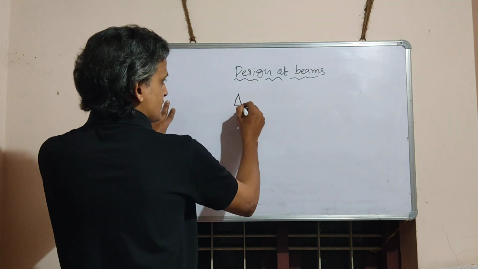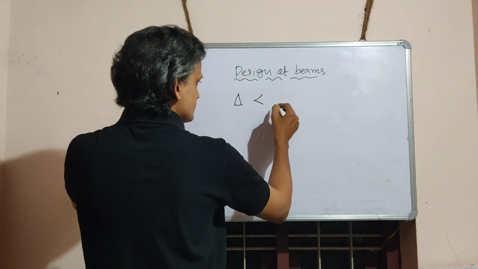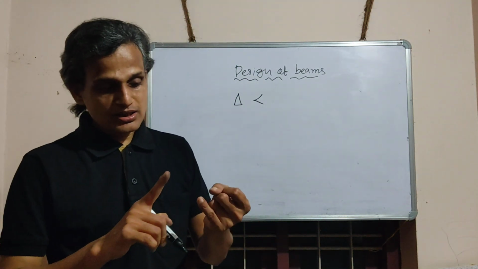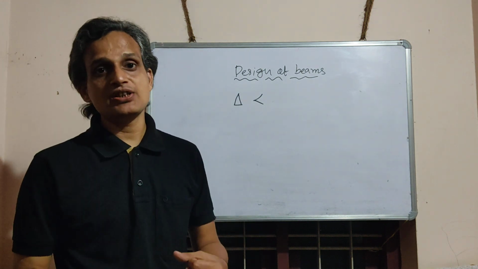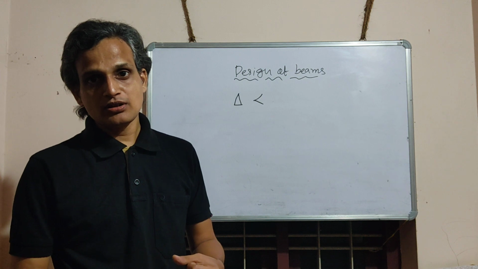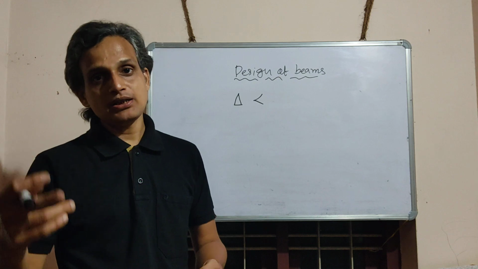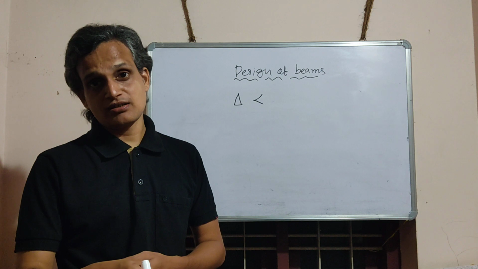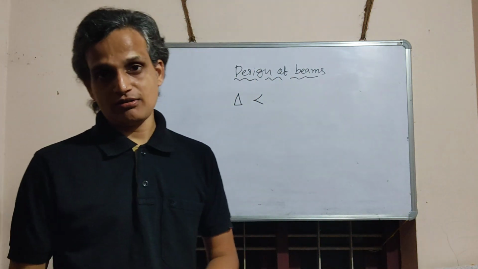The actual deflection, say delta, should be less than the allowable value. The allowable value depends upon the type of beam and the type of structure which it is supporting. For a simply supported beam, the value may be L by 300. For a cantilever, that value will be less than this. Similarly, for a continuous beam, the allowable deflection will be still higher.